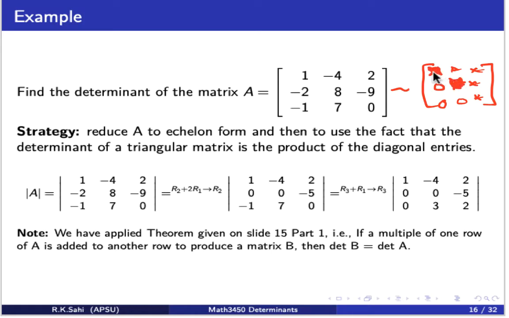It doesn't matter, because the determinant of a triangular matrix, remember, is nothing but the multiplication of the diagonal elements. So even the diagonal elements can be 0.